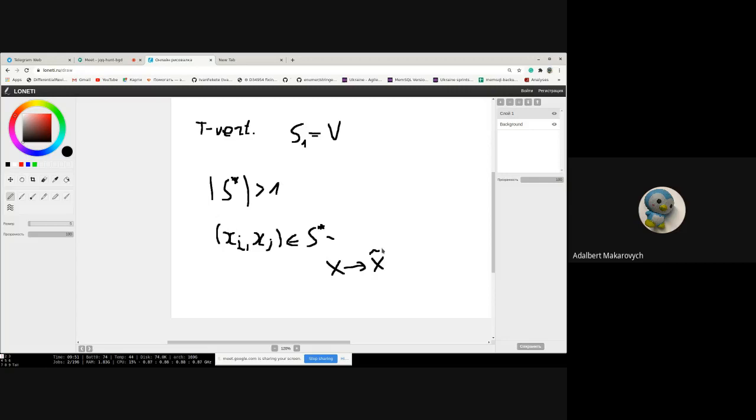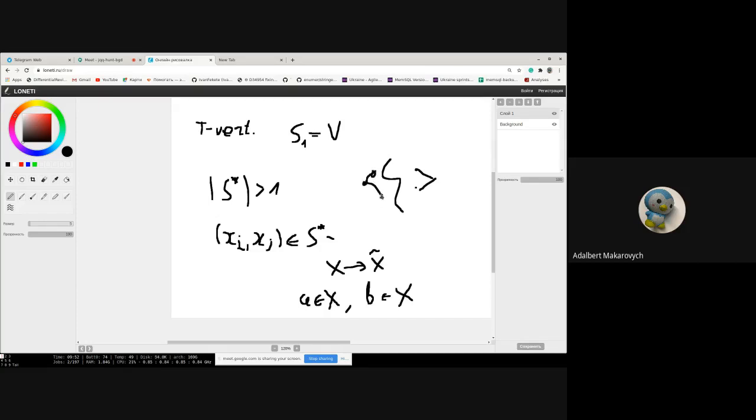The theorem says that if we had a min cut between vertices S and T, from X to X tilde, then if we take arbitrary two vertices A and B from one side of the cut, the whole other side of the cut will be in one of the sides of the new cut.